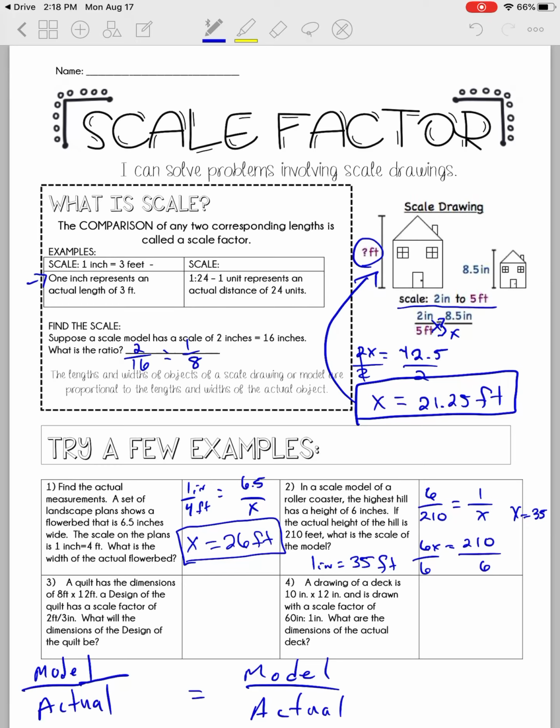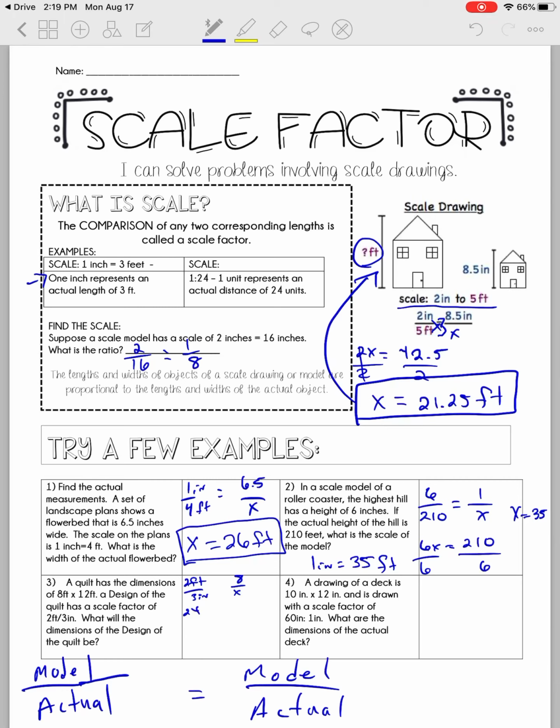So we know that your scale is 2 feet to 3 inches, okay? Or that's your scale factor. And you want to know what the dimensions of the design of the quilt will be, or the model of the quilt. So we have it at 8 over blank.